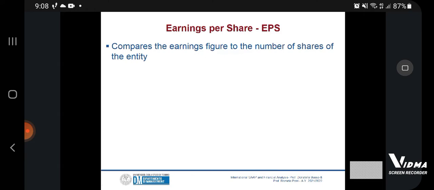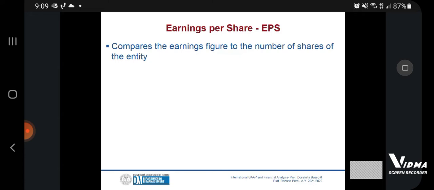That means that when you have a look at the income statement, you remember that we have many levels of result or profit calculated there. We start with gross profit. Then a bit after that we have earnings before interest and taxation, EBIT. Then we have earnings before taxation. Then we have net earnings or net income. Now, which one of these earnings would be the proper item to compare with the number of shares out there?